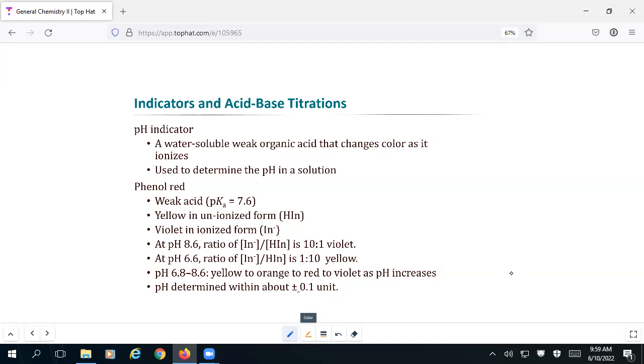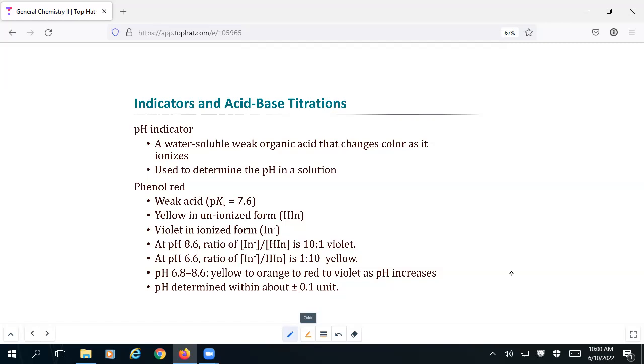So take, for example, phenol red. Phenol red is a weak acid. Its pKa is 7.6. When it is unionized, that is, it has all of its hydrogens on it, it looks yellow. When it is completely deprotonated, all the hydrogens are off of it, it looks purple.